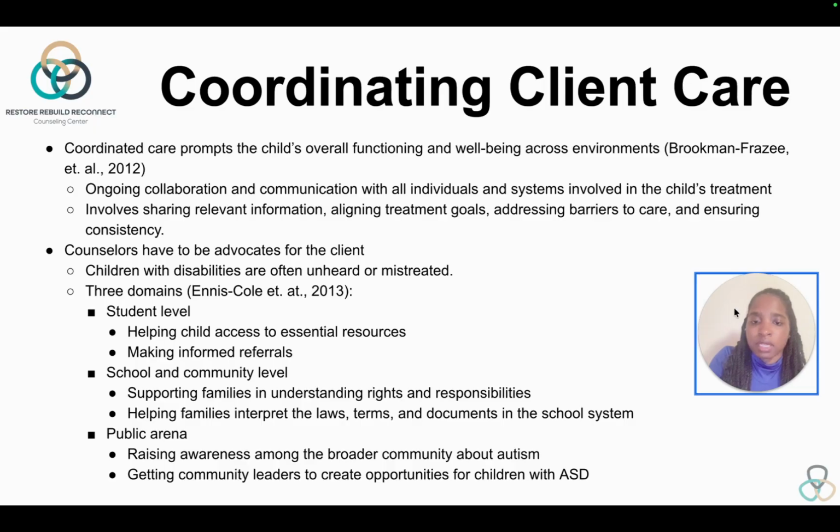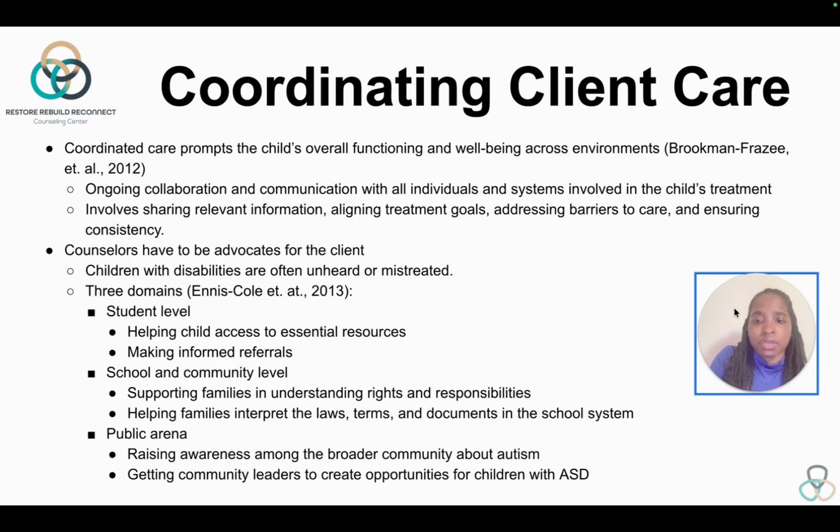And then the second domain is the school and community level. So that looks like advocating for supporting families in understanding their educational rights and responsibilities and helping them understand different laws.